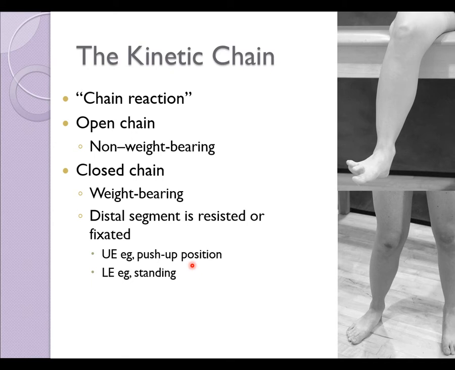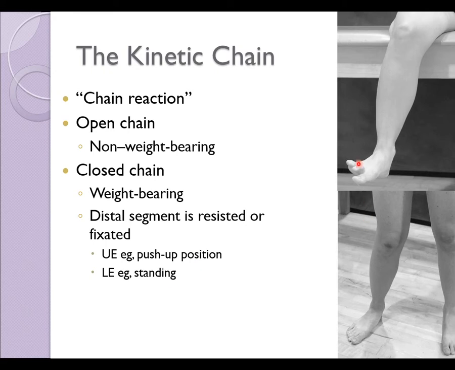In closed kinetic chain, this is a weight-bearing position, so when one joint, especially distally around the feet and ankles, is in a strange position or moves position, it will also affect all the joints up the extremity. So if I have a change in my arch height, that's going to change my ankle position, my knee position, and my hip position all the way up if I'm in closed kinetic chain.